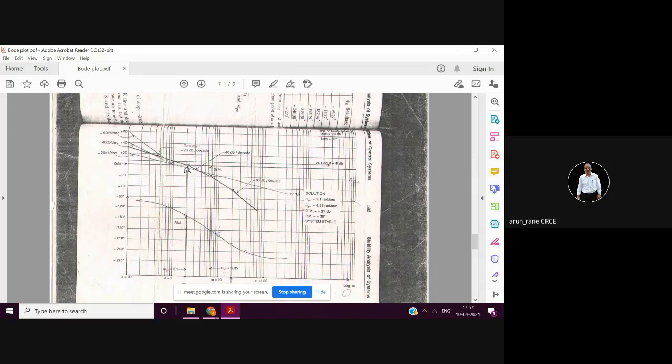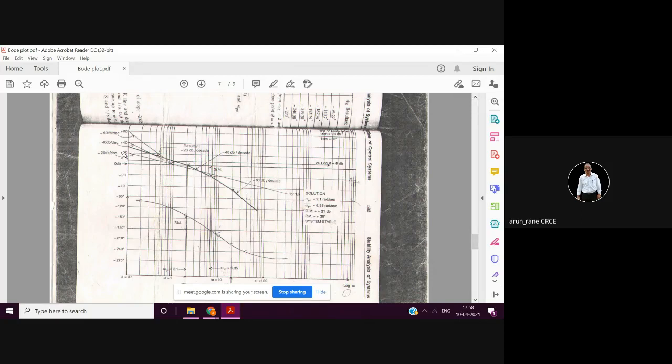Now there is the effect of 1 plus omega by 2 and 1 plus omega by 20, two more terms, correct? Again, 1 by s conforms to 1 upon 1 plus ts, so that is again 20 decibels per decade. This one is 20, this one is 20, so the total slope will be 40. Then for the third you add another 20, so that will be 60.